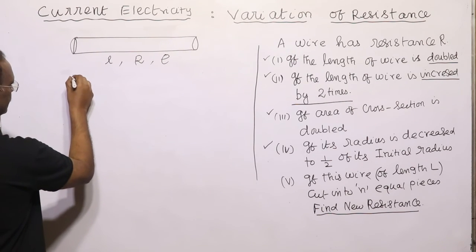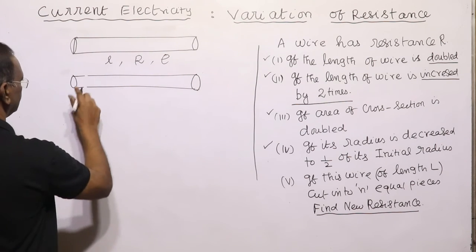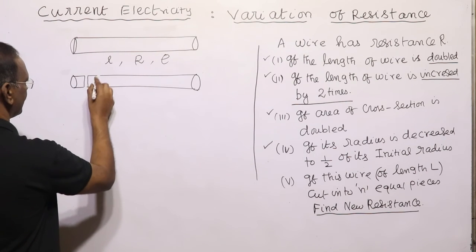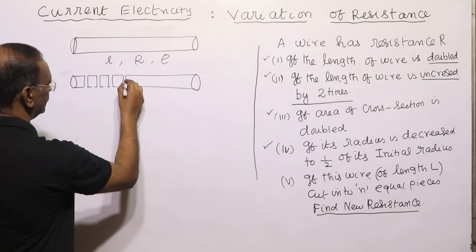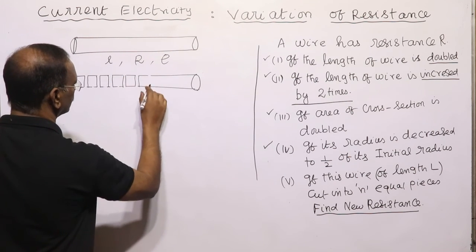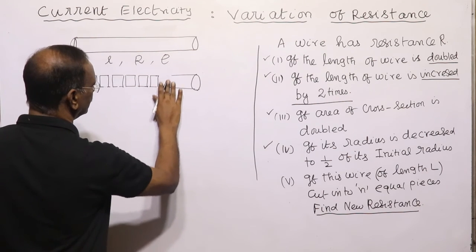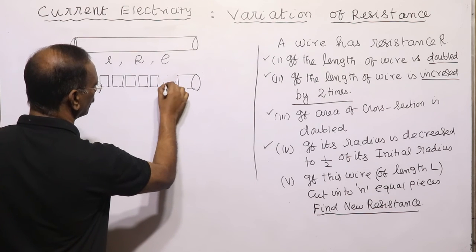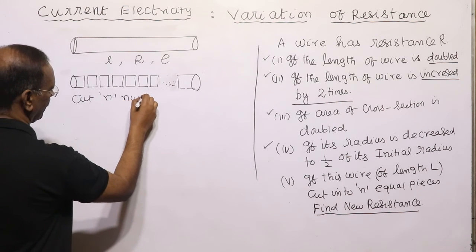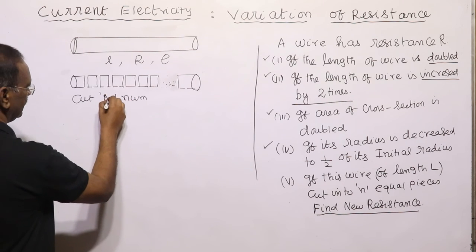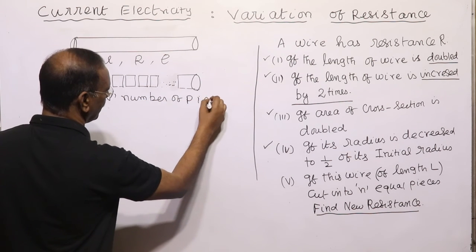It means this is cut into n number of equal pieces, like this and so on.